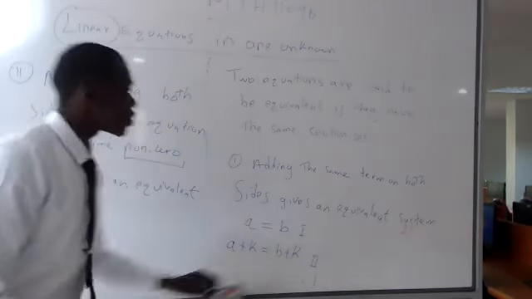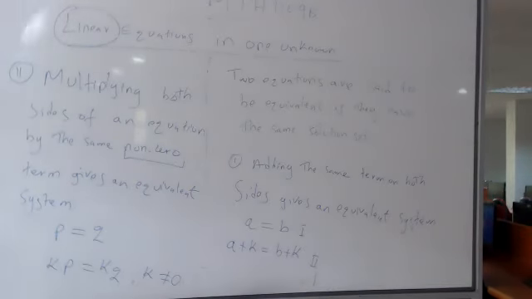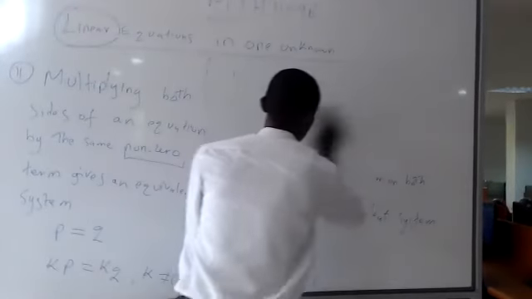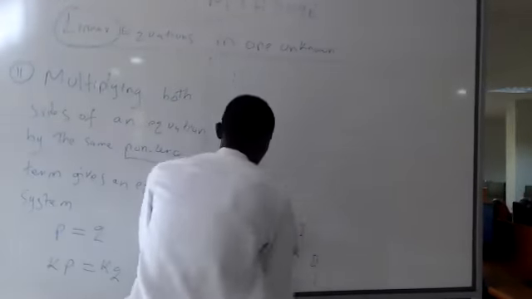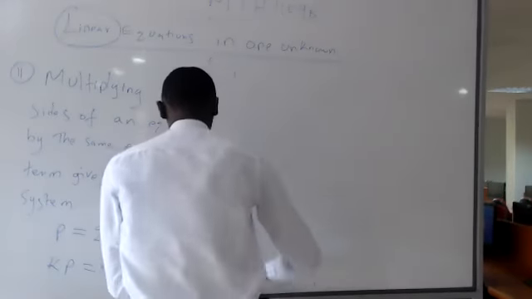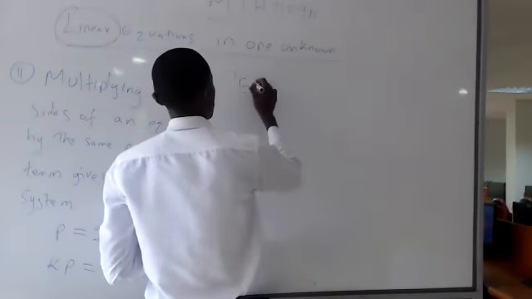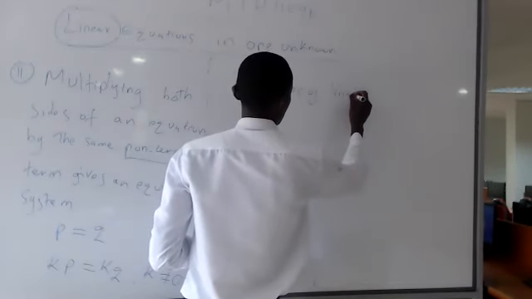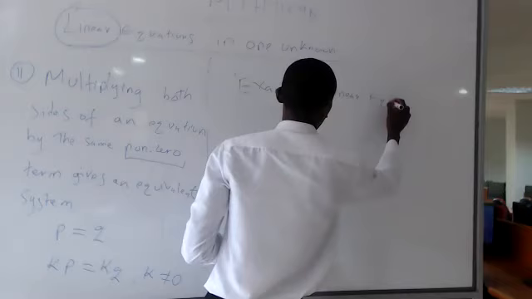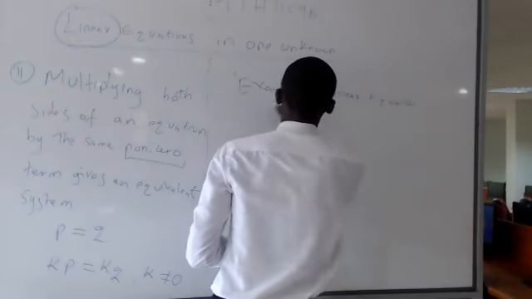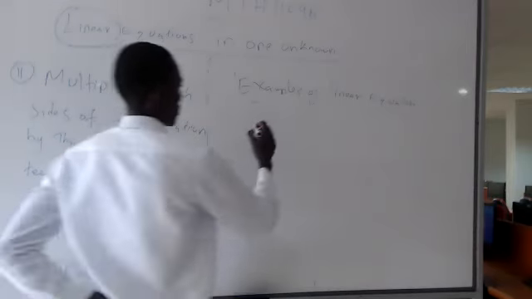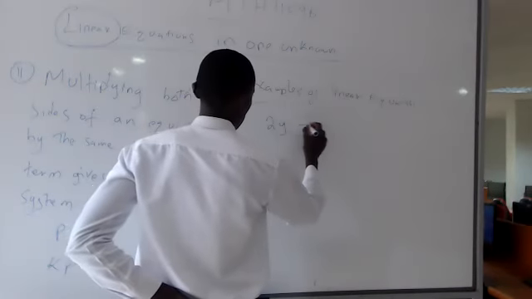Now, let me give you examples of linear equations and examples of equations that are not linear. Examples of linear equations. So an equation like 2y is equal to 6.